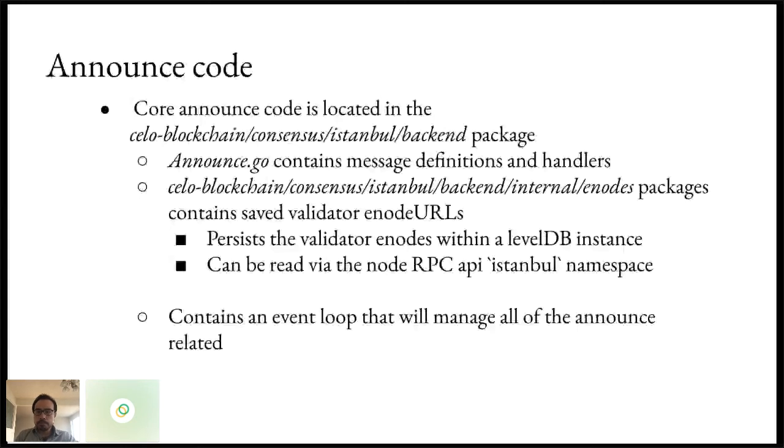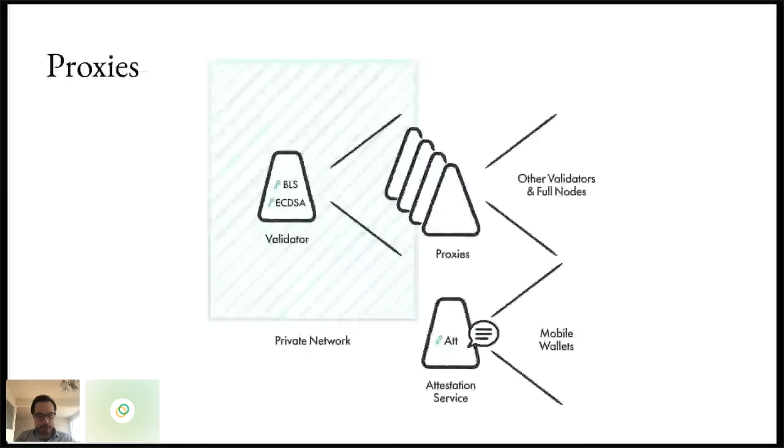All right, so I'd also like to discuss a bit about our proxy implementation. Tim, in his talk, went in depth about the proxies and their purpose, but I'll give a quick overview of what they do.